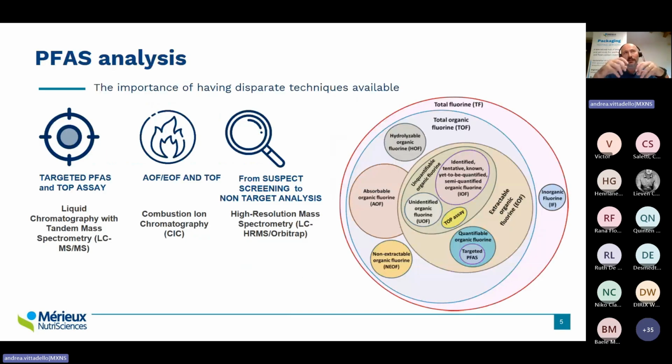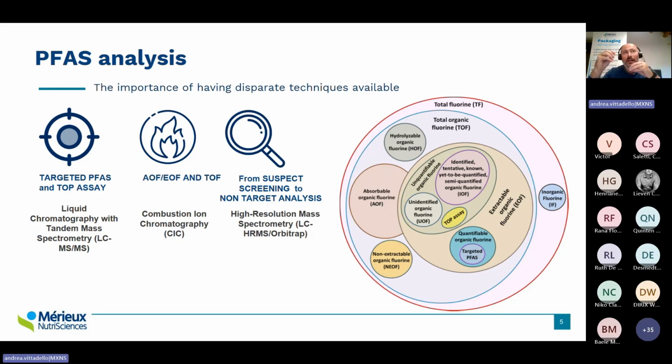If you go deep in the approach of analytical perspective, you can see that the total fluorine, the total organic fluorine, cover chemicals that may be not precursor, may be not PFAS, and therefore the approach of investigation of this chemical must be done not just in one way, but in different ways, with a target approach, with a precursor approach, with an extractable approach, with the non-target analysis.